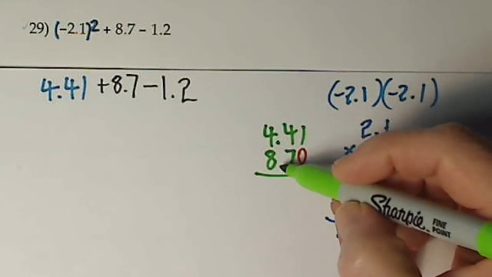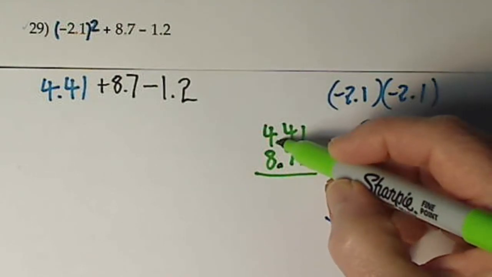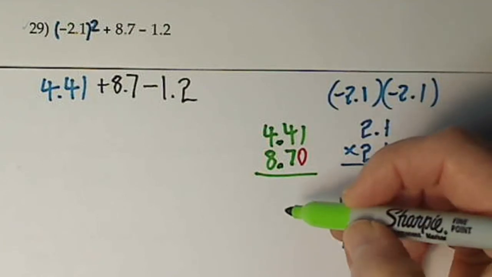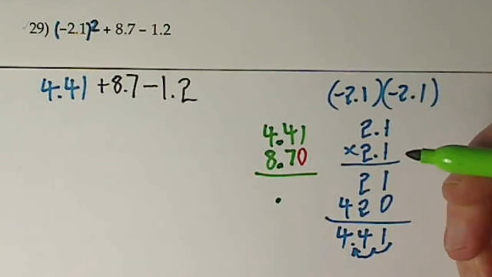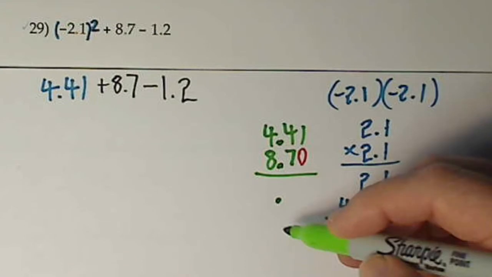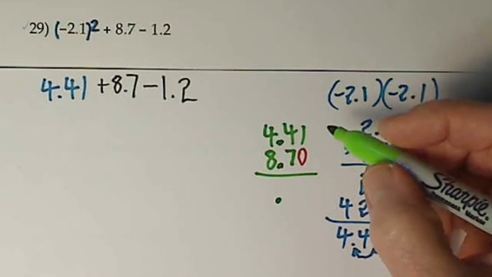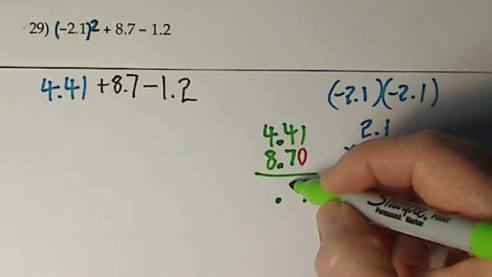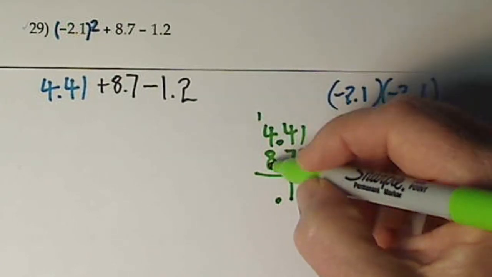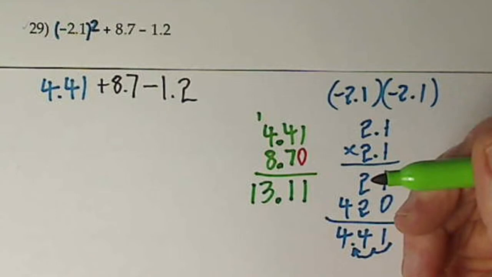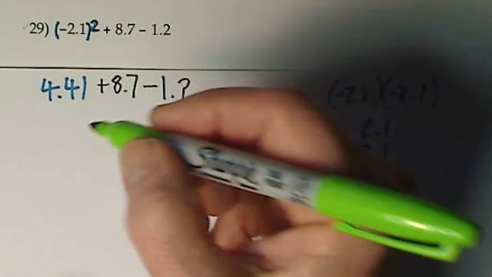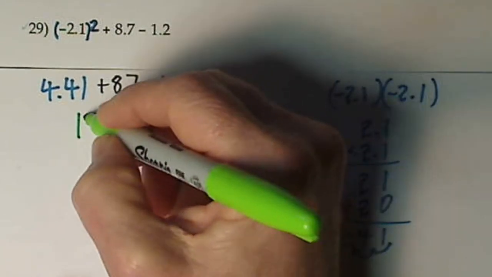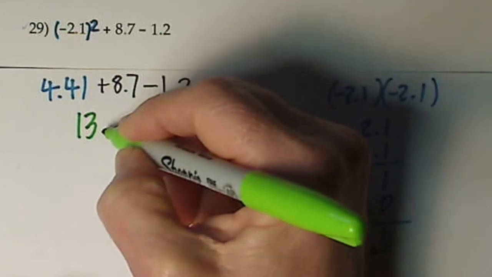And with addition and subtraction, I should have done a better job of lining these up, because you have to line up your decimals. In my answer, the decimal is going to stay in line. All right, and now you just simply add. So that's 11. Carry your 1, 12, 13. So I have combined these two. I get 13 and 11/100ths.